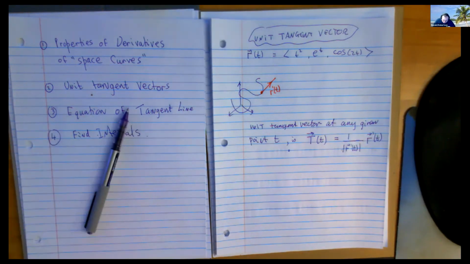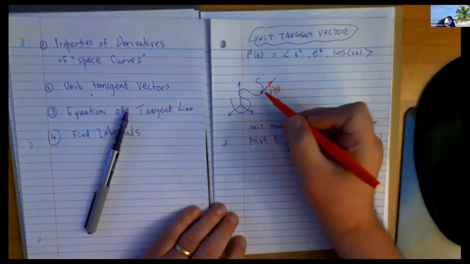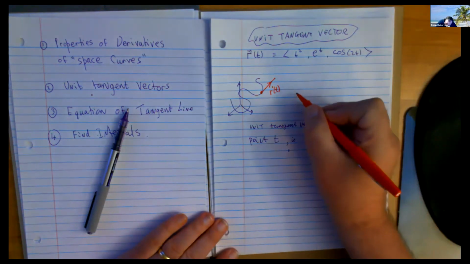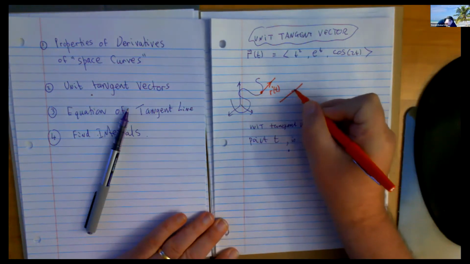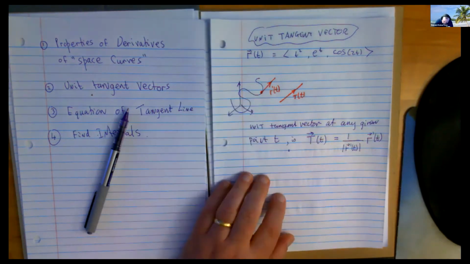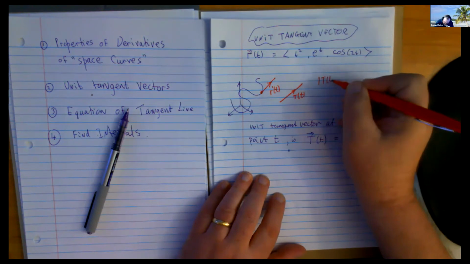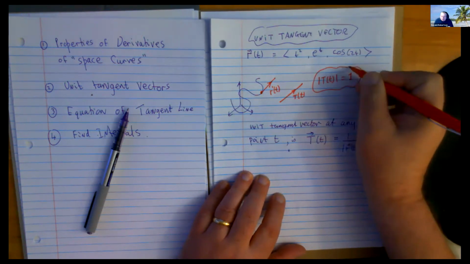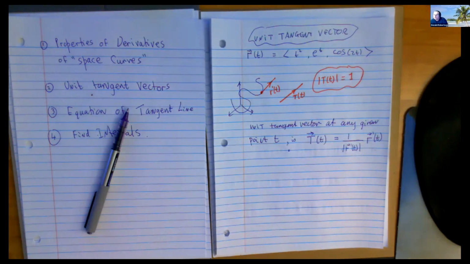So what is the unit tangent vector? Can you imagine this red vector is the derivative vector, right? It's the guy that you got. The unit tangent vector is a guy that's parallel to this, but whose length is 1.